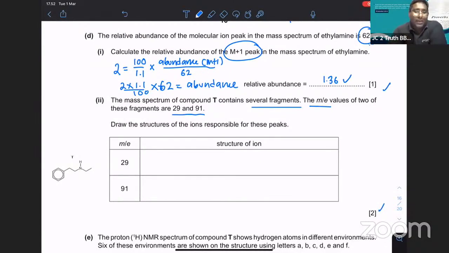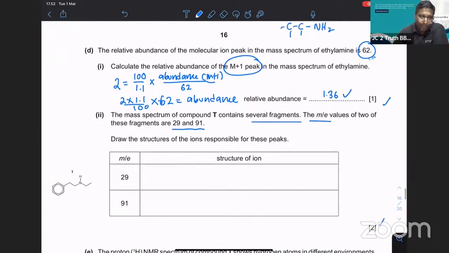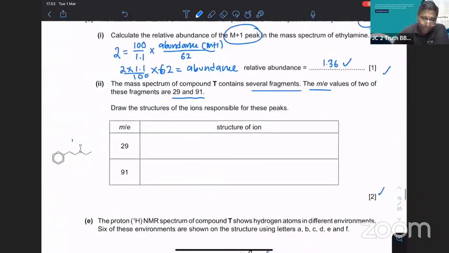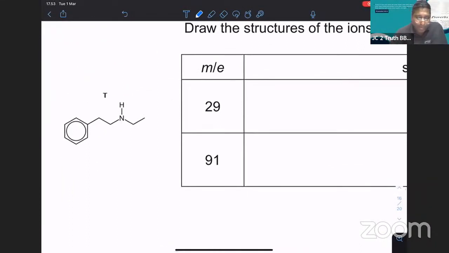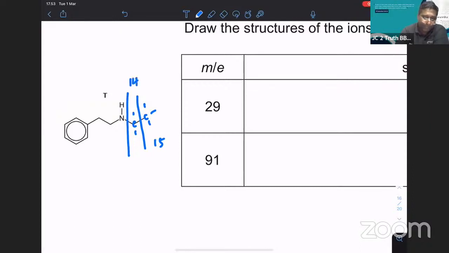Now, for the fragments 29 and 91, I have copied the structure of T and put it over here. The best way to look at it is to calculate one by one. For example, CH3 is 12 plus 3, so 15. CH2 is 12 plus 2, so 14.